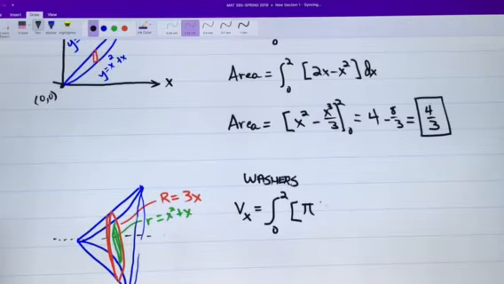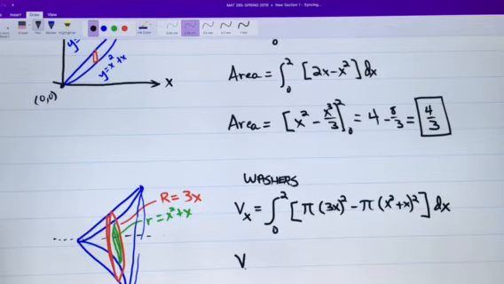And we have pi times the square of 3x, and minus pi times the square of x squared plus x. Setting this up and following through, the square of 3x is going to be 9x squared, so you have 9 pi x squared.